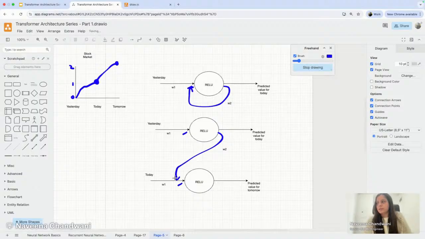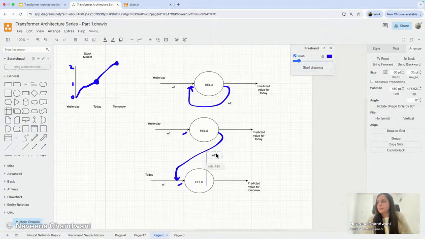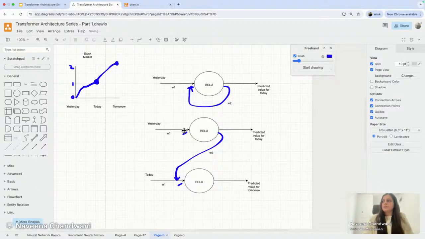So we sum it up here, and now this makes sense. Yesterday gives an output for today, but we already have the output for today. We already know the value. So instead we feed it to our next iteration, and that's how we get the predicted value for tomorrow. And now suppose we had a leakage.